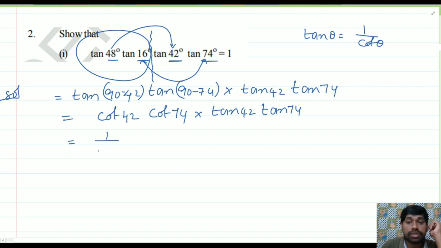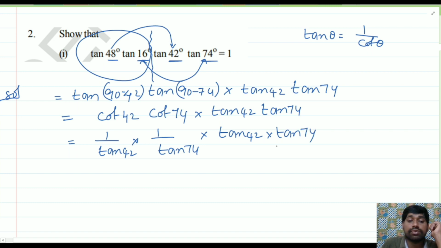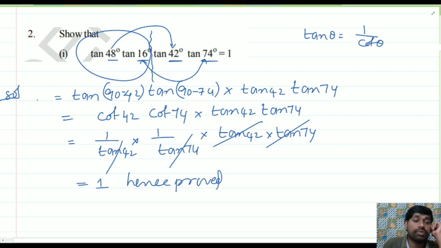Then 1 by tan 42 into 1 by tan 74 into tan 42 into tan 74. 42 gets cancelled, 74 gets cancelled, so what remains is 1. Hence proved. So we took the LHS and with that LHS we proved the RHS.